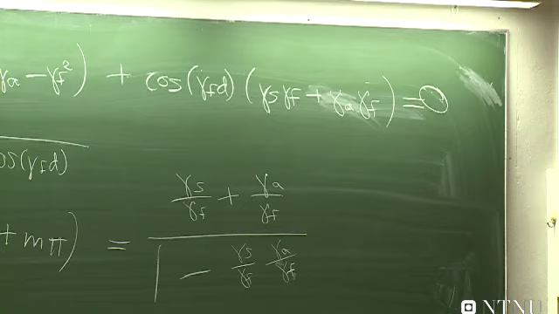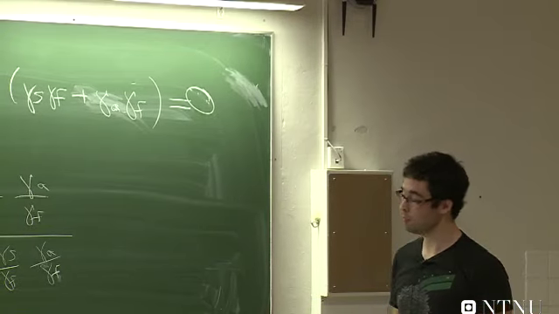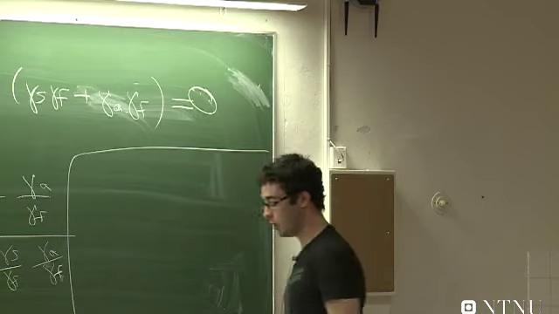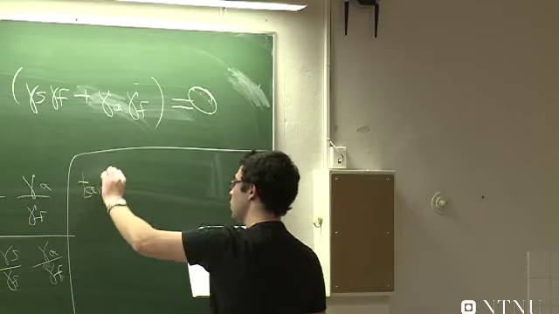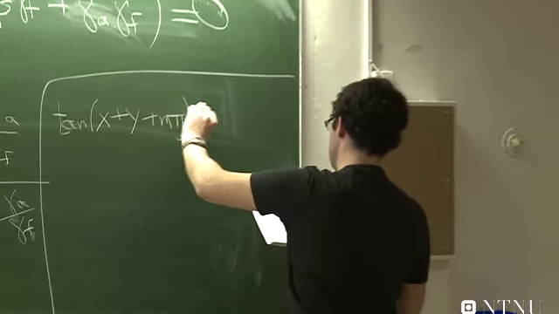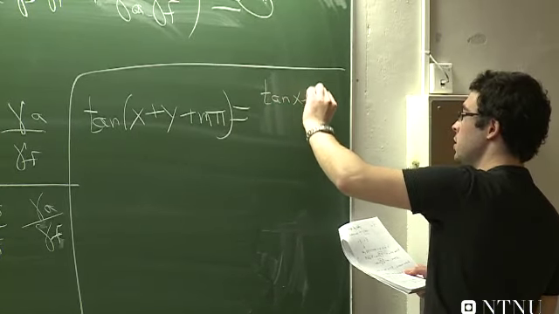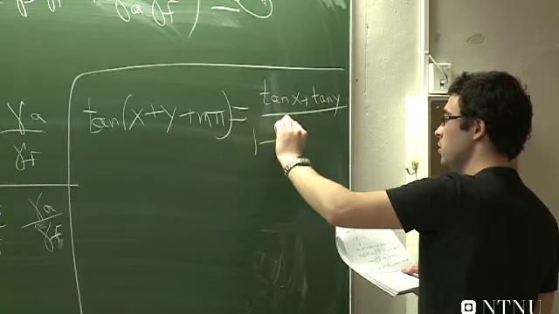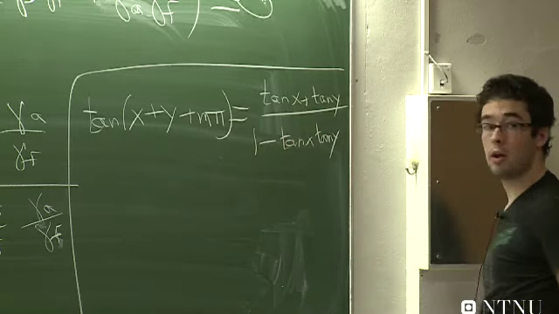Now, this is still not quite trivial to analyze. Unfortunately, it's never going to be trivial, but it's going to be a bit easier if we remember this trigonometric identity that tangent of x plus y plus m pi is equal to tangent of x plus tangent of y divided by 1 minus tangent of x tangent of y.